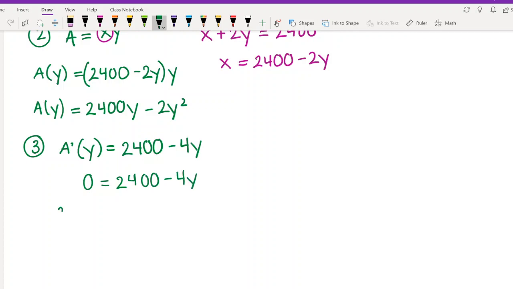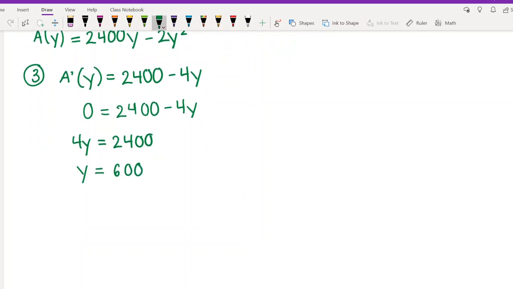Let me just write it the other way, because I think it is a little more straightforward. 4y is equal to 2,400, and so that tells us that y is equal to 600. So that is our critical number.